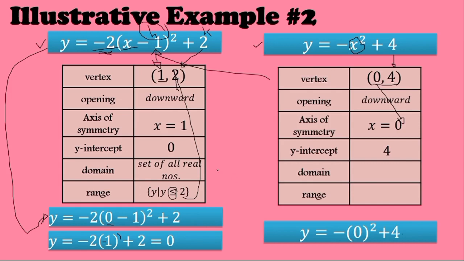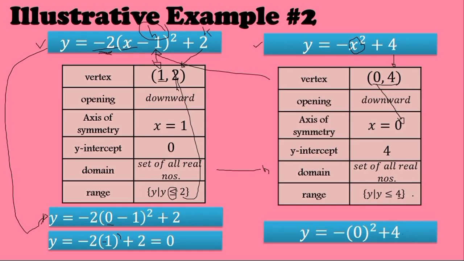Domain, just like with the first example, is also the set of all real numbers. And lastly, the range, since a is also negative, we will use the brace y such that y is less than or equal to the value of k in the vertex, which is 4.